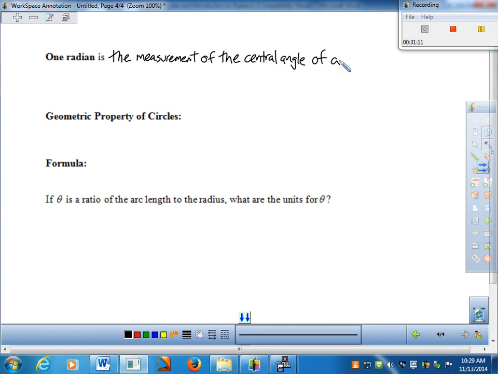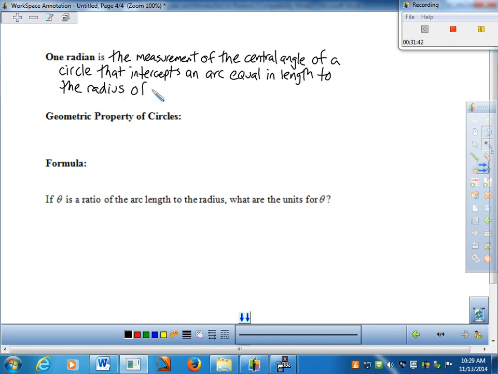You got that central angle of a circle that intercepts, this is the best way for me to describe it, an arc, and that arc, of course, has to be equal in length to the radius of the circle. And that is exactly what we had just talked about. I'll let you get that in there, and then I'll go back screen just to quickly put that together. But that is our 1 radian in a nutshell.